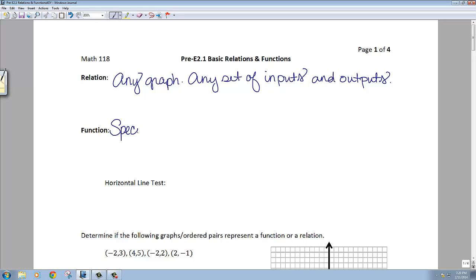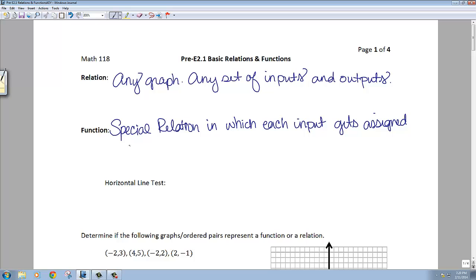We'll just say special relation in which each input gets assigned exactly one output.